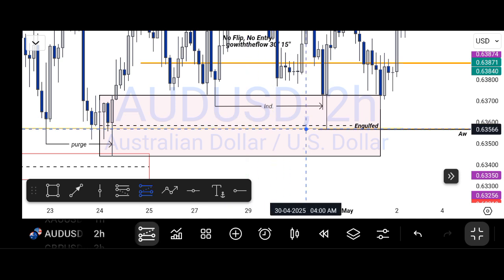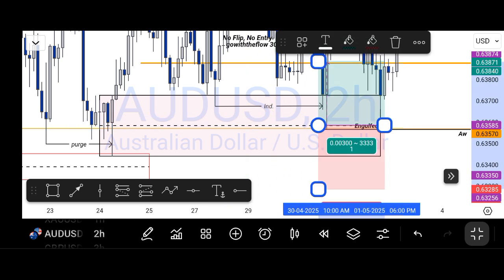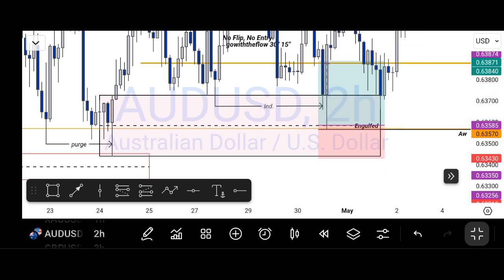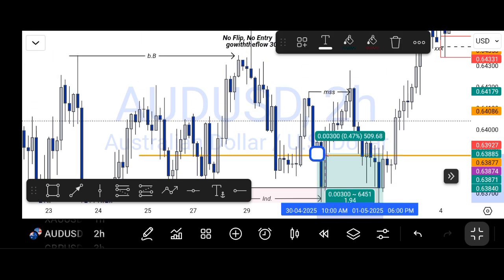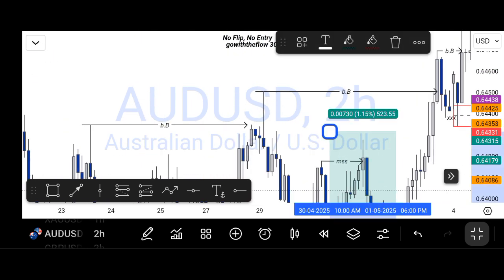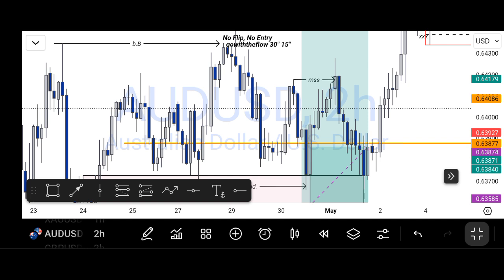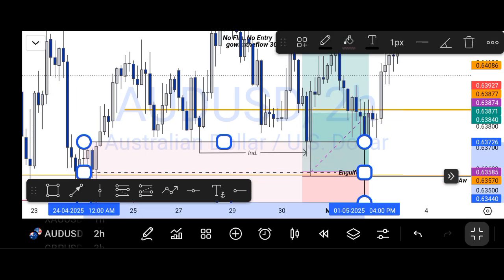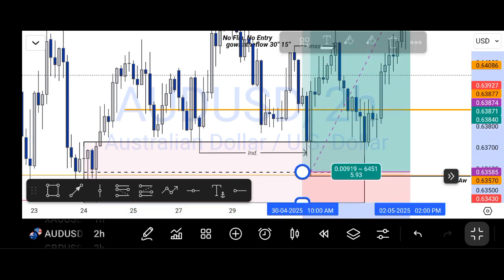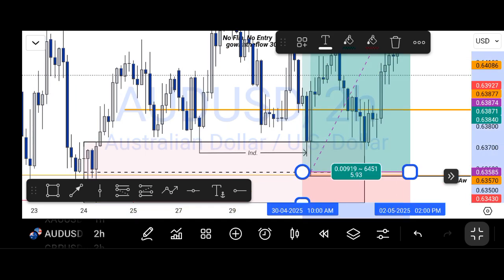So the midpoint of this candle is here. If you know what you're doing, you can just take it from the midpoint and you target this very high here, and that is your trade. Now you'll be making 1:5, almost 1:6 around.